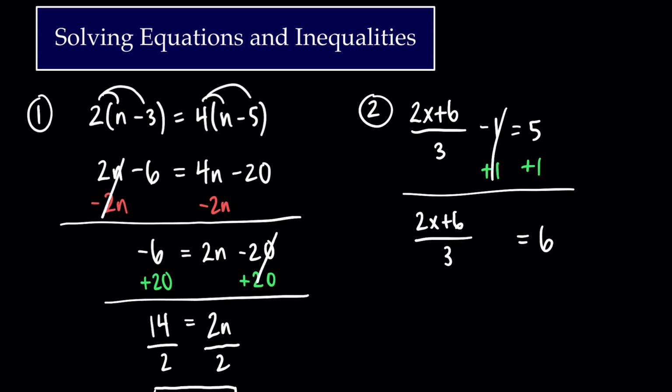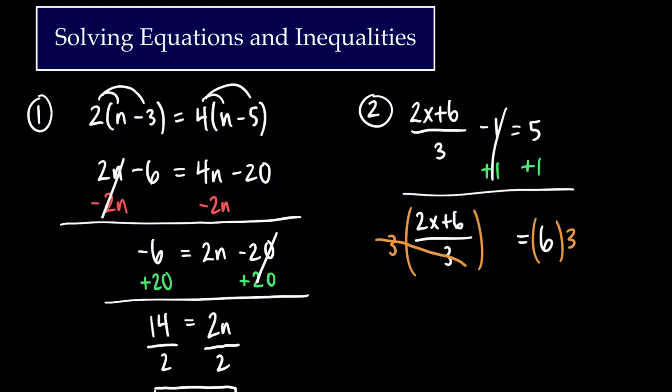Now we have the question of how should we proceed. Generally, if you are dividing by 3 here, I would recommend multiplying by whatever that amount is. So we're going to multiply by 3 on both sides. Since you're dividing by 3 and multiplying by 3, these 3's essentially get rid of each other.